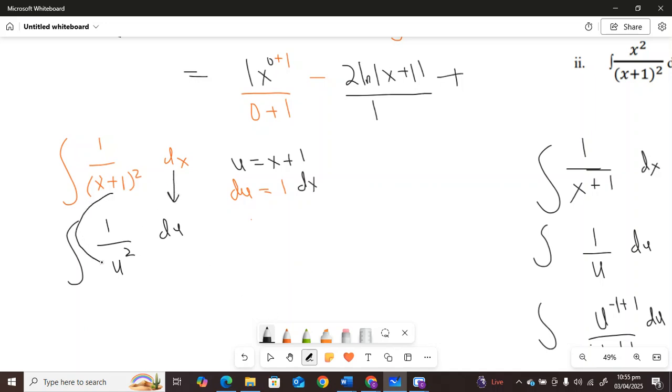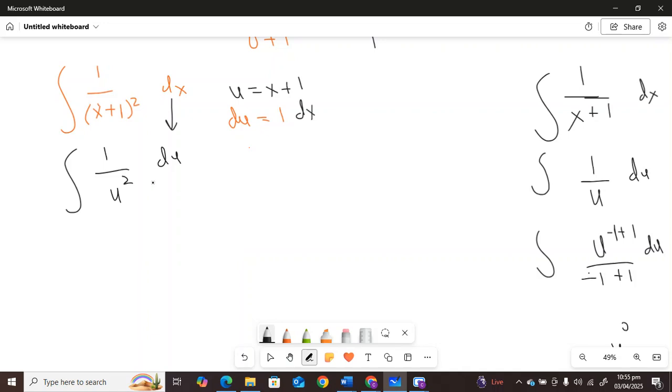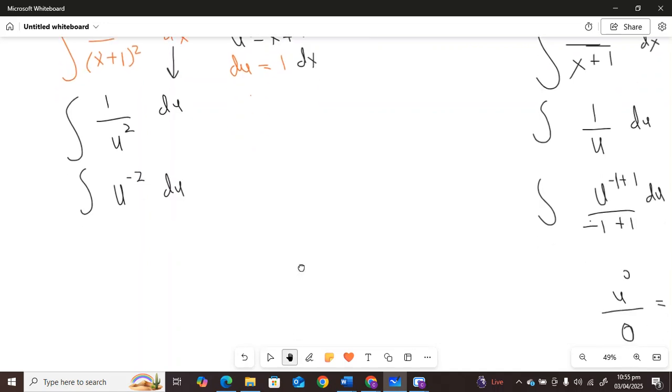The x plus 1 has become this u down there. So according to the law of indices, 1 over u squared is the same as u to the power negative 2 du. Then we integrate now.